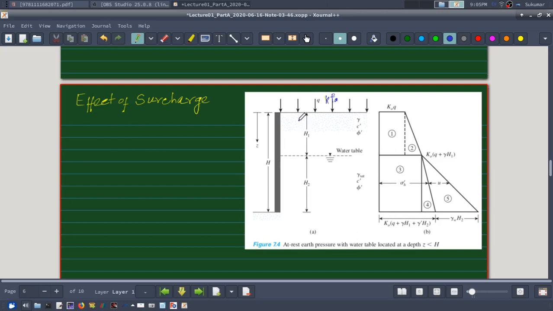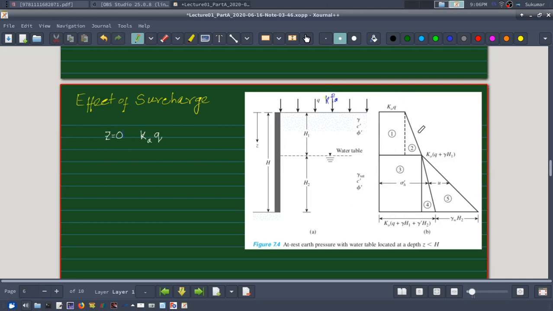It will not start from 0 like the earlier case, but it will start with a value of Ka times Q at z equal to 0, because that much vertical pressure is already there. If I am interested in active earth pressure, I will use Ka. Here the problem is for earth pressure at rest, so they are using K naught.